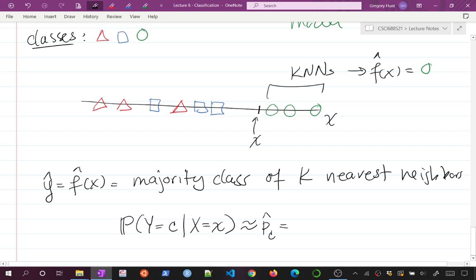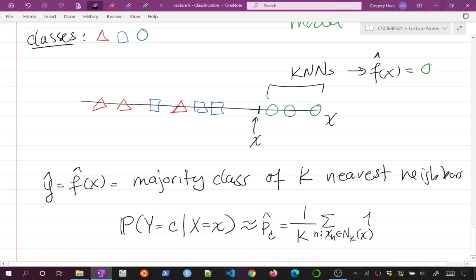That calculation could look very similar to k-NN regression. We take 1 over k times the sum over n, where x_n is in the k neighborhood of x. So we sum over the n such that in the training data, the x's are the k nearest neighbors to the point at which I want to predict.